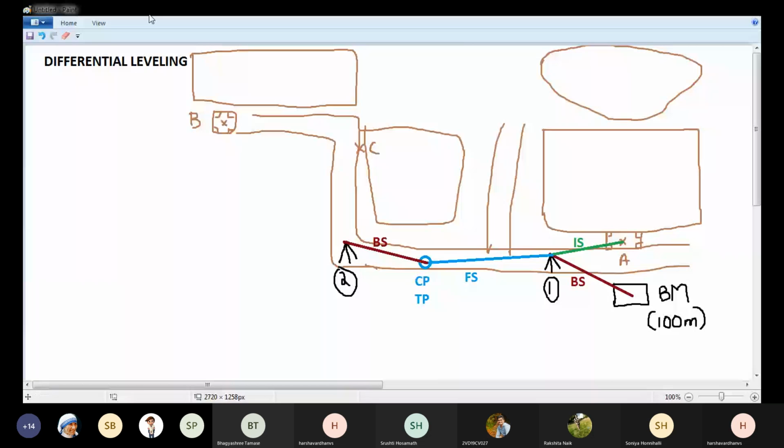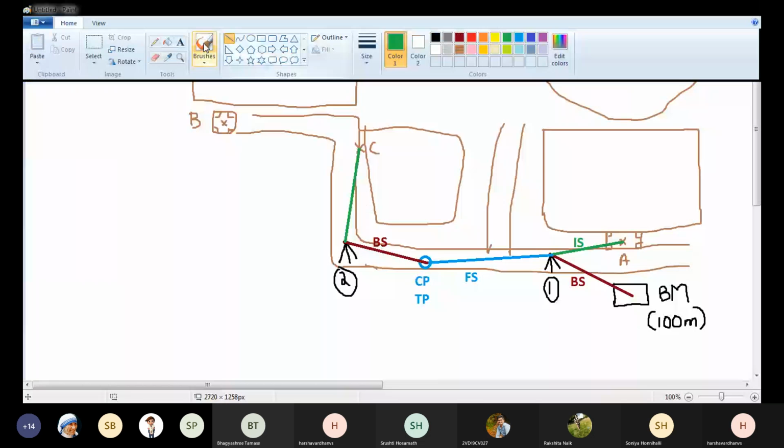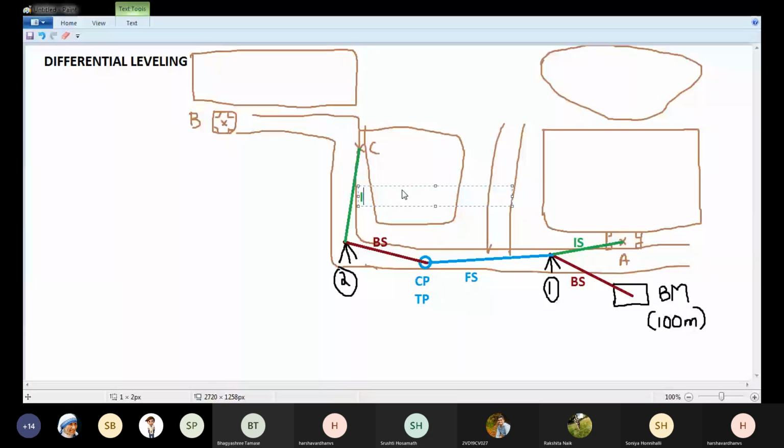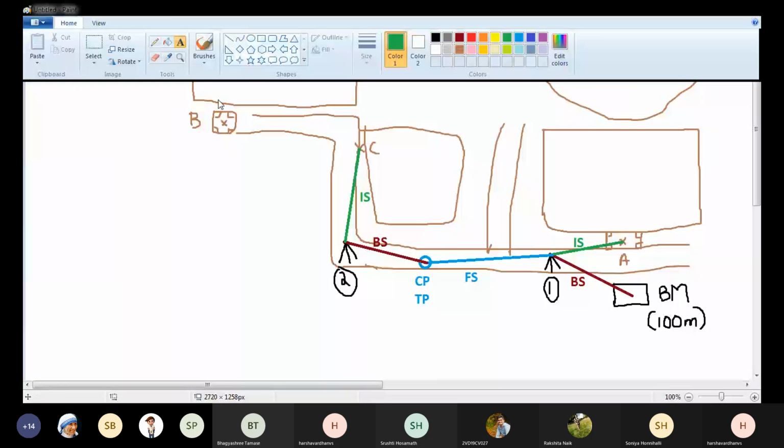And this particular staff reading, I don't know the elevation of point C, and it is also not the last staff reading, so that particular staff reading is an intermediate sight.